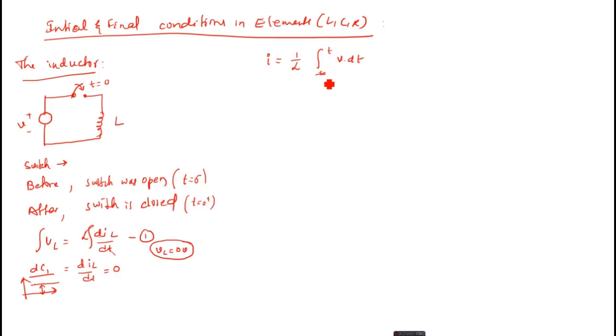The limits vary from before switching till after switching, over the time interval t. What is the meaning of this minus infinity? If this is the reference time t equals 0, these are called 0 minus, and this is called minus infinity.